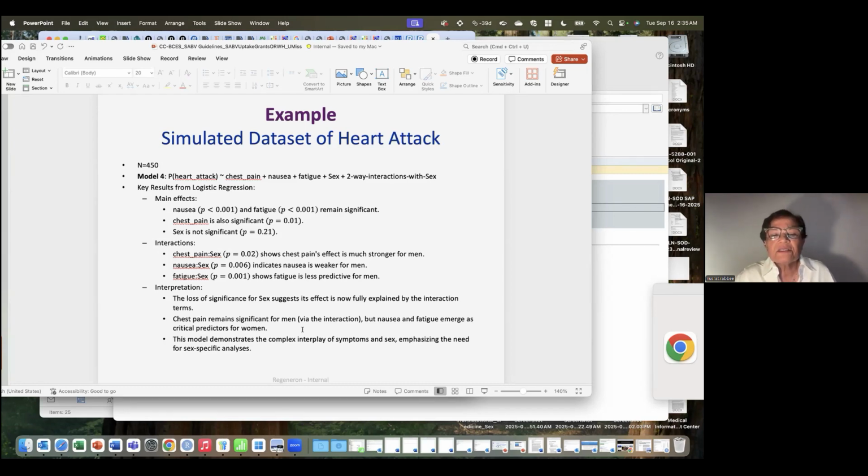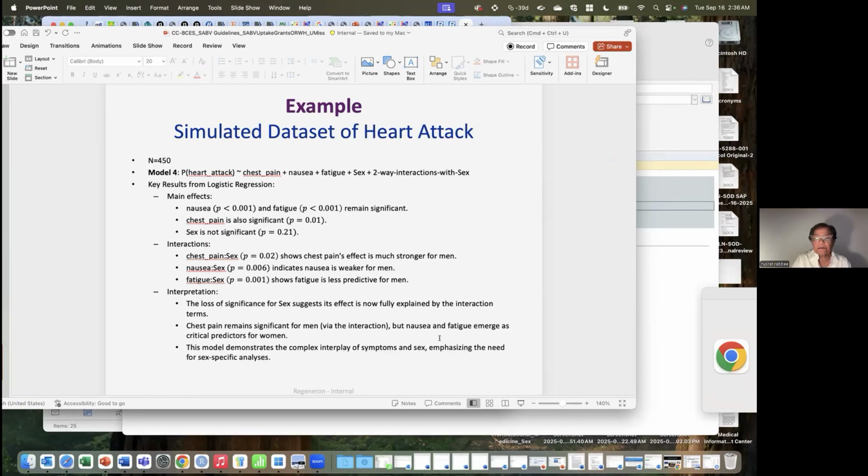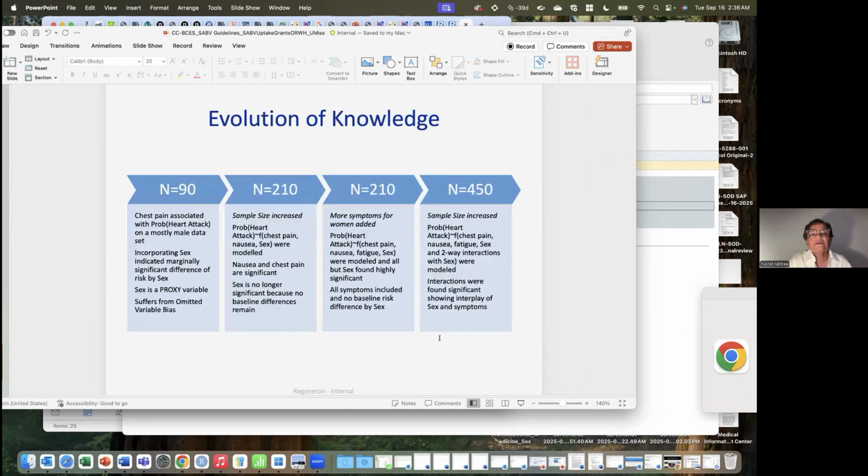And chest pain remains significant for men via the interaction, and nausea and fatigue emerge as critical predictors for women. So it demonstrates, in this toy example, the complex interplay of symptoms and potentially management in the emergency room by sex in this specific simulation case.